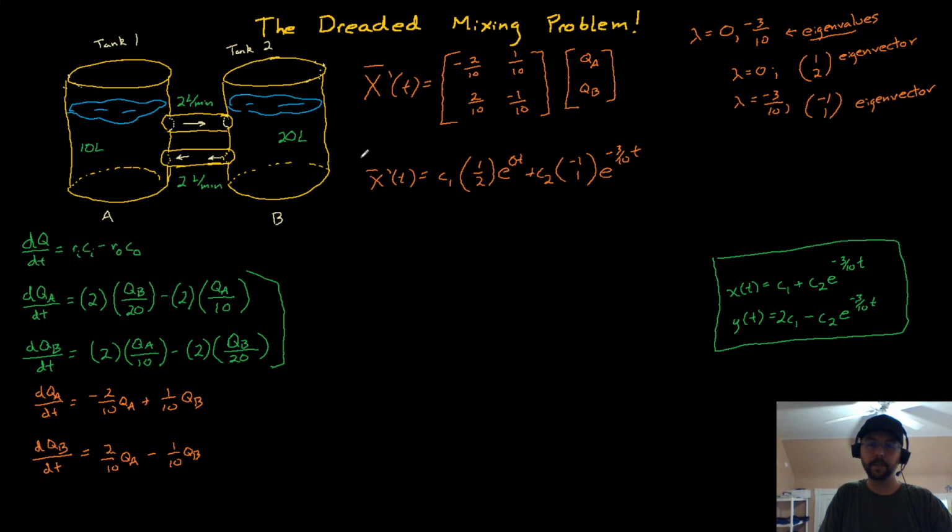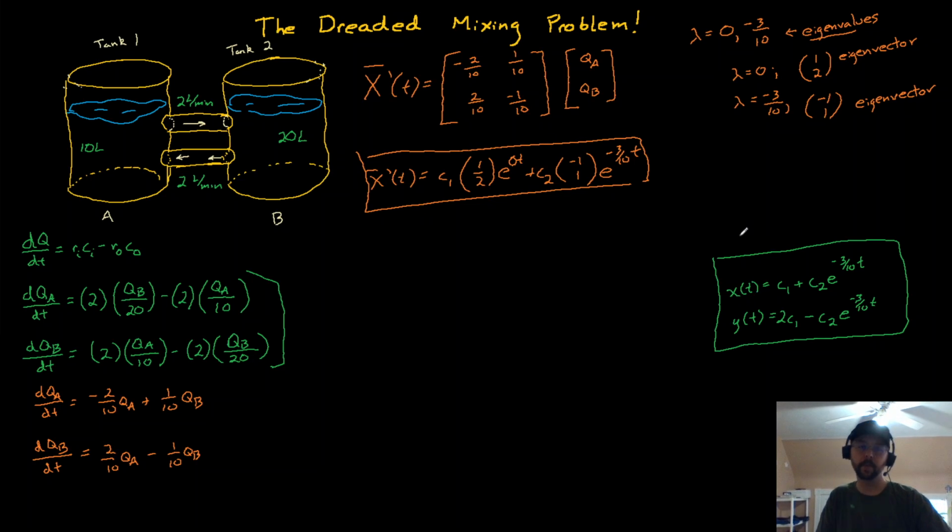So this is the solution, but if we want to rewrite this in the format that we're more familiar with, we can, you just multiply through. The top row is going to be x of t, the bottom row is going to be y of t. Or if I stuck with my original notation, the top row will be q of a, the bottom row will be q of b.